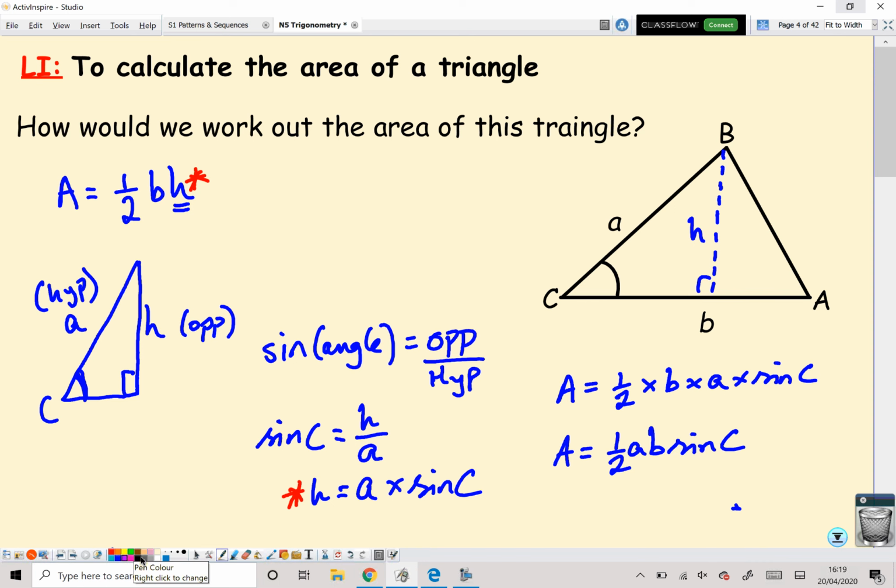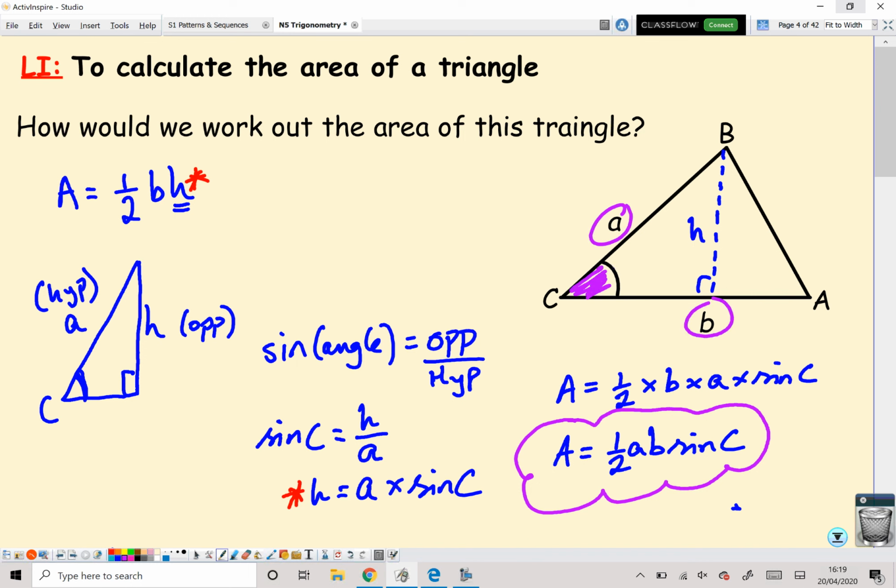And that is the formula for calculating the area of a triangle if you know two sides and the angle that sits in between them. Now, the really good news is that that formula is on the formula sheet for Nat5.